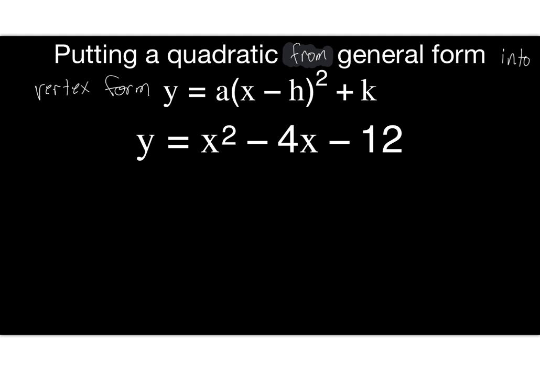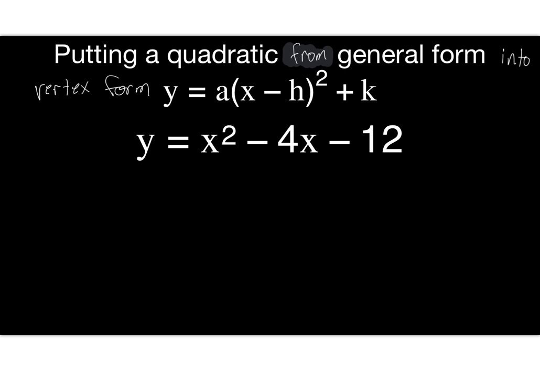So we're going to take something that's in general form, which is this, and we're going to put it into vertex form. And we're going to do it by completing the square. So first off, we're going to do completing the square, which is something we've done. Maybe not enough for you to go, I'm super confident in that, but we're going to give it a try.